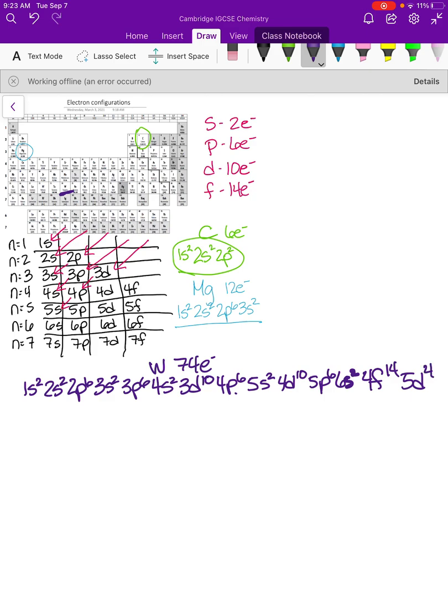And that should add up to 74 electrons if you add up all of those exponents.